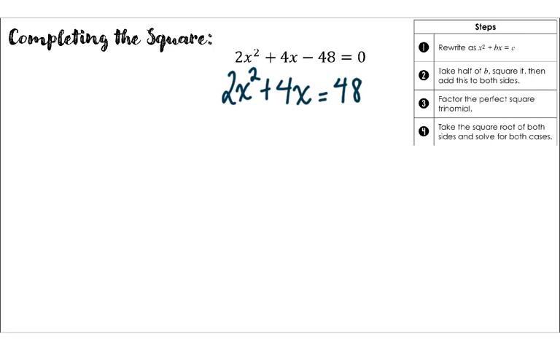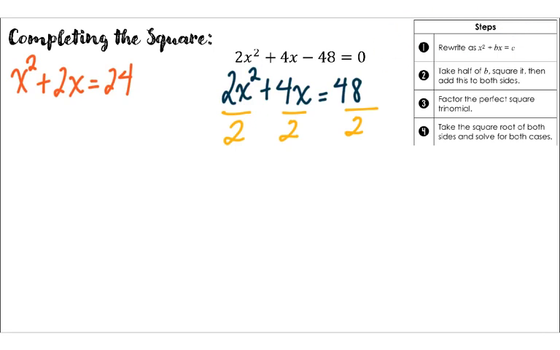Before we can do that, just like with any other factoring problem, we have to look to see if there is a greatest common factor that can be taken out. Since it's the same problem, let's simplify or reduce this by 2. When we reduce it by 2, we're left with x squared plus 2x is now equal to 24.